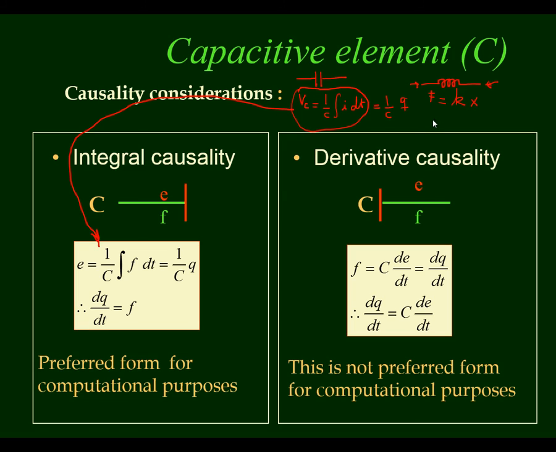This is the same thing as writing E is equal to the constant in here. K is like 1 over C, and C is the capacitance, so K is the stiffness, and this would be the displacement, which would be 1 over C times Q. This equation, in fact, is the same as this.